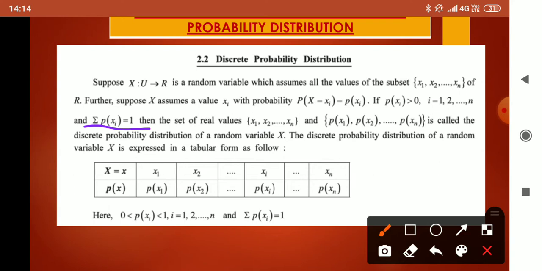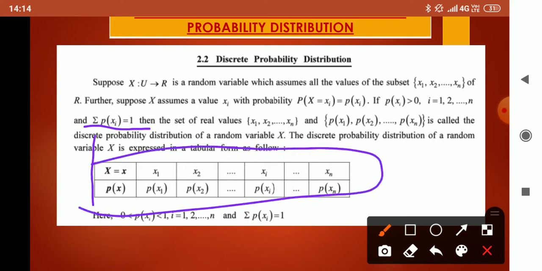So every time you have to prepare these columns: x, p(x), with p(x1), p(x2) till p(xn), and the total will be equal to 1.